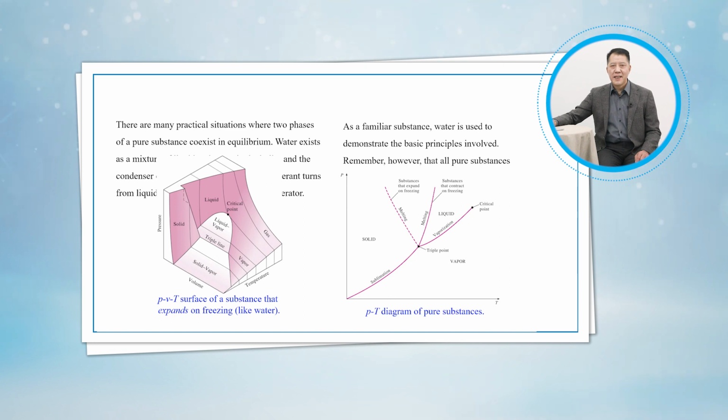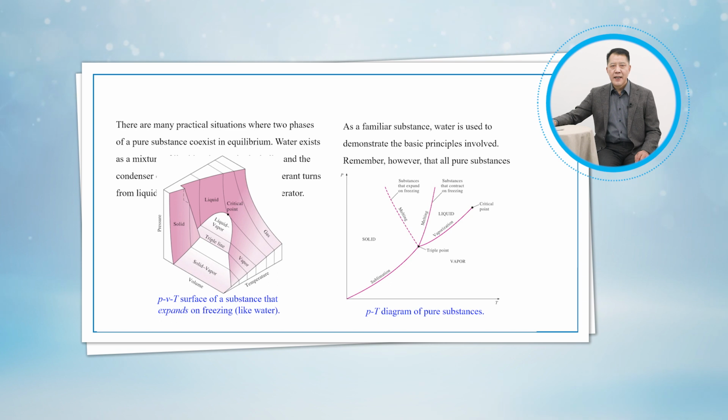These three lines meet at the triple point where all three phases coexist in equilibrium. The vaporization line ends at the critical point because no distinction can be made between liquid and vapor phases above the critical point.